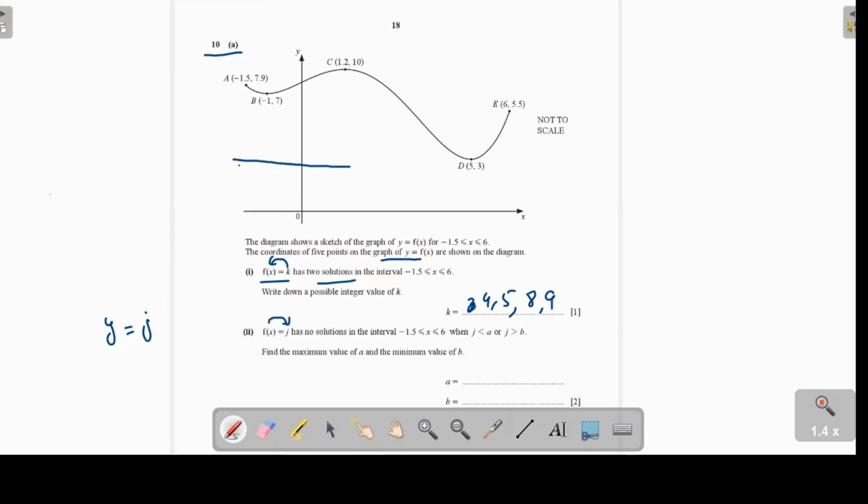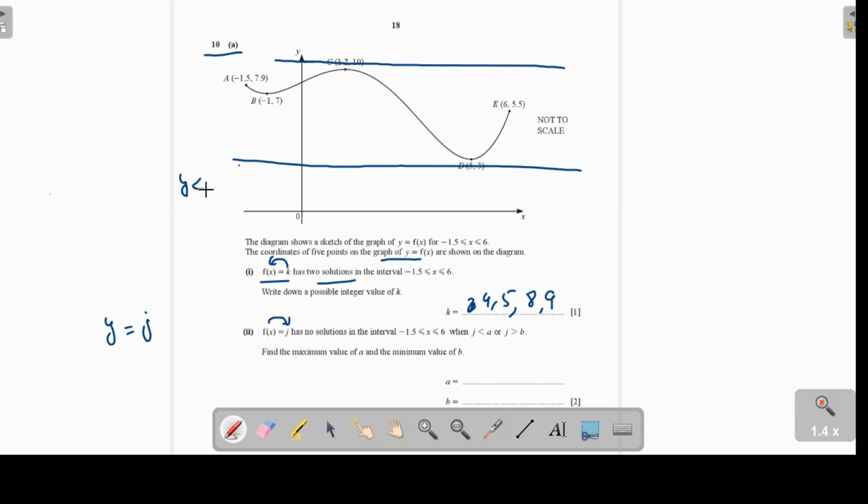Now that value could be less than 3 and greater than 10. You see here if we pass a line which is greater than 10, that line passes above the graph. Now the line which is less than 3, y less than 3, that line will not pass through this graph.